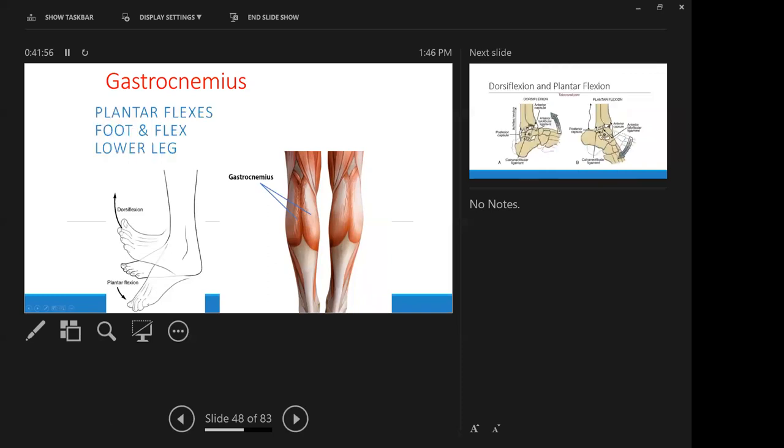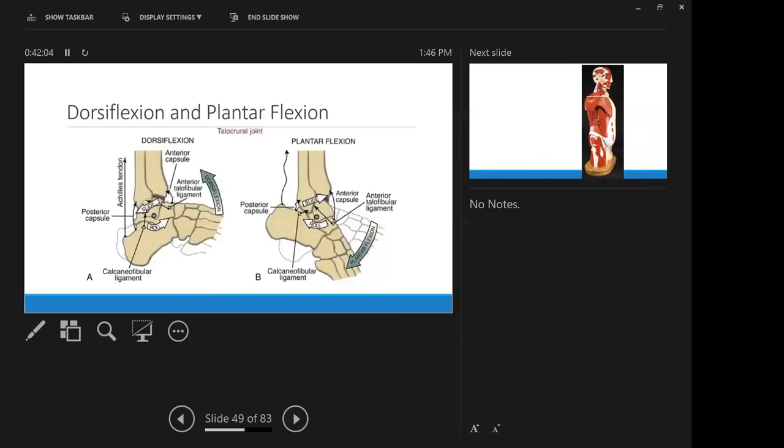So plantar flexion is what the gastrocnemius does for us. And again, what is the difference between dorsiflexion and plantar flexion? Dorsiflexion, the toes come up thanks to the action of the tibialis anterior. Plantar flexion, the toes go down, the heel comes up thanks to the action of the gastrocnemius.